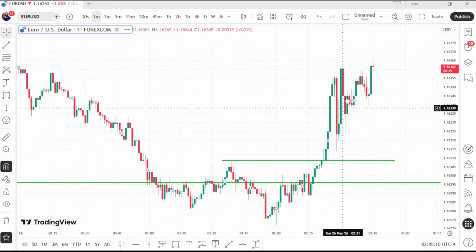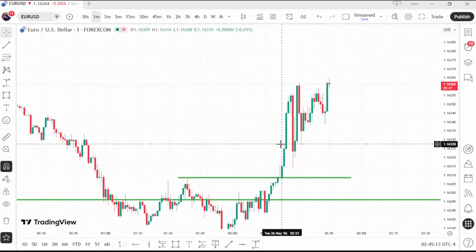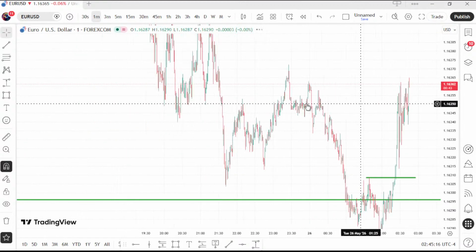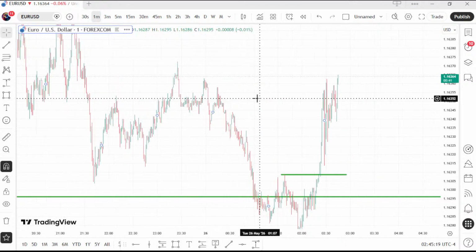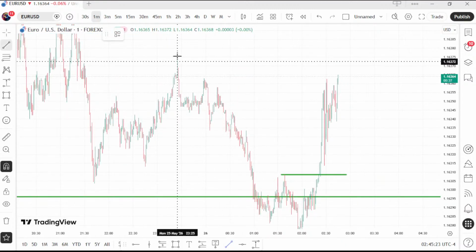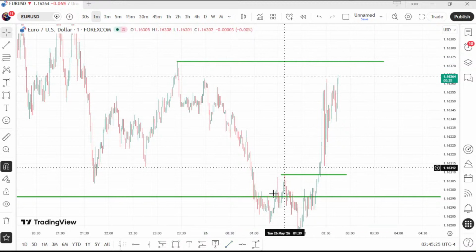You see, the euro is actually running to rally up higher. You see, the euro is doing nicely. It's actually bullish. Taking that high.